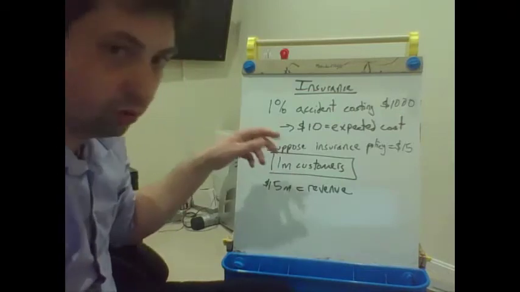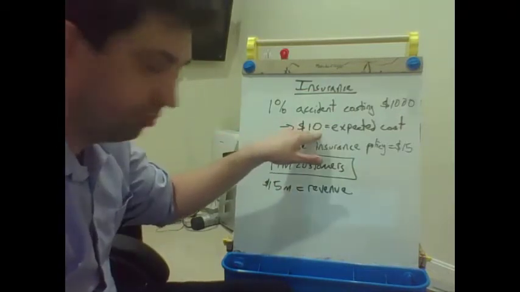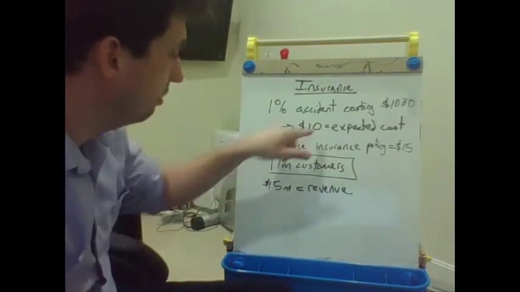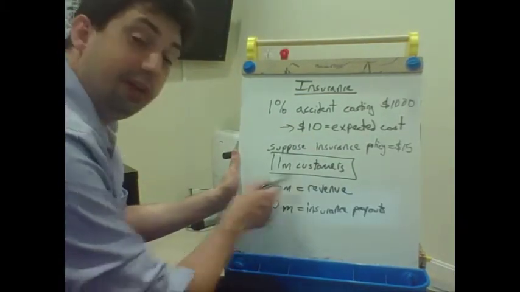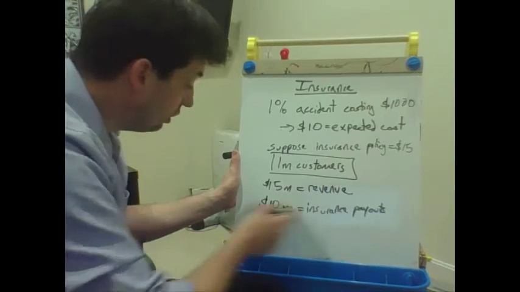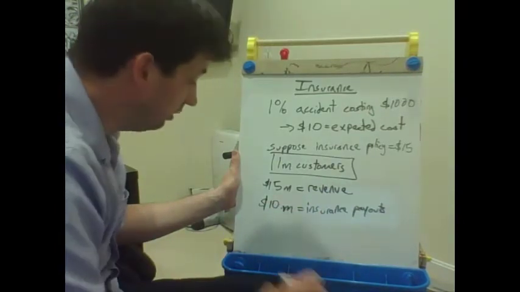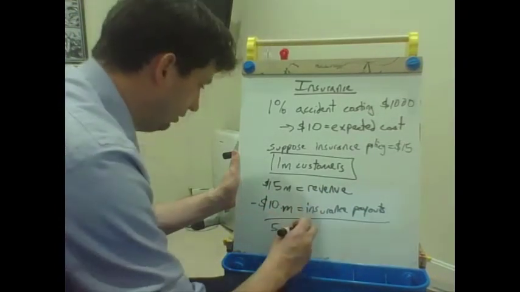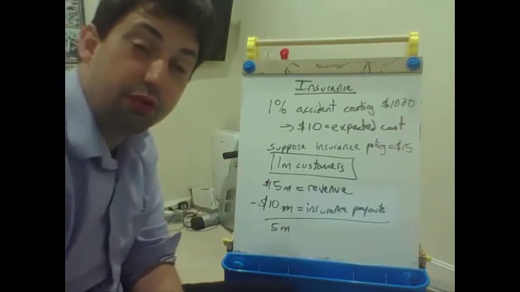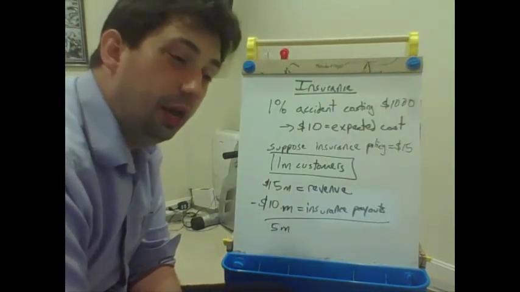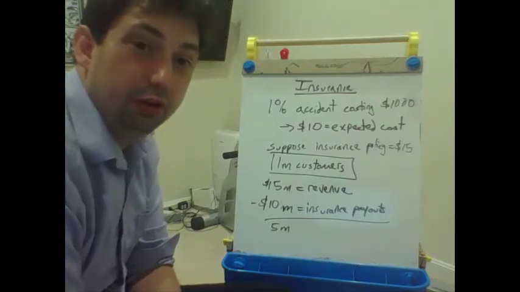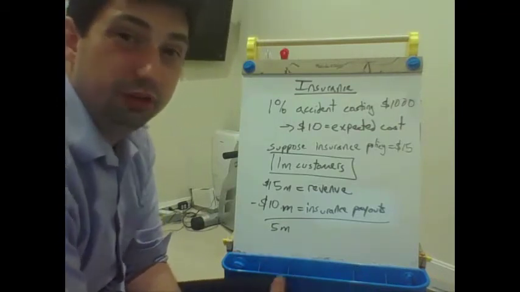Or, of course, you could have just done this simpler and say 1 million times 10, also 10 million. So we have 15 million in revenue from insurance premiums. We have 10 million in the payouts, which leaves 5 million to cover things like operating costs and worker salaries, insurance adjusters, profit, and so forth.